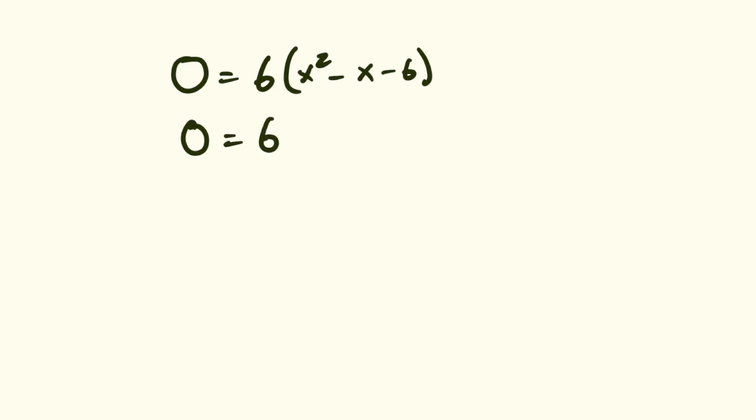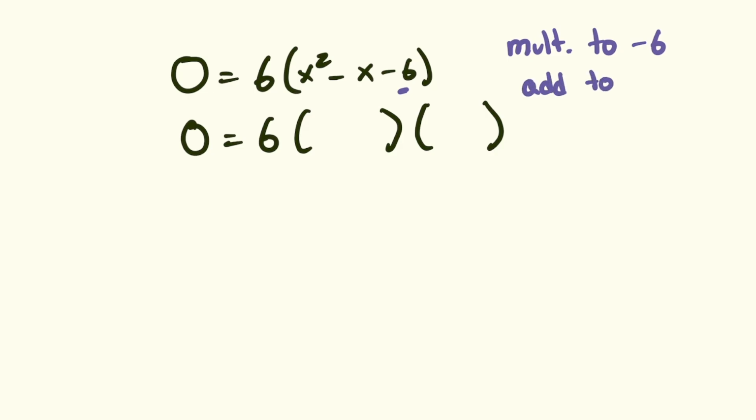And we are going to factor our quadratic here. If you'll recall, what we want is two numbers that multiply to negative 6 and add to negative 1. So that middle number we're going to add to, the last number we are going to multiply to. Let's start putting that information in. We know we have x's on both of them. Because we are multiplying to a negative number, we know that one of our signs has to be positive and the other negative.